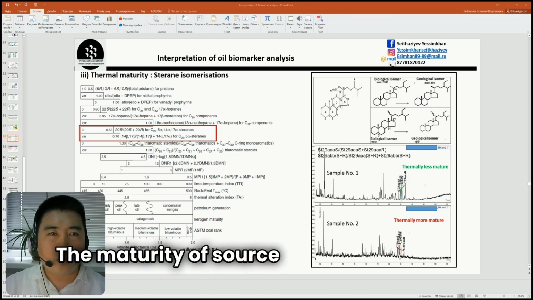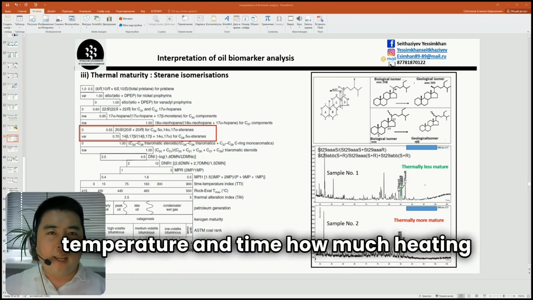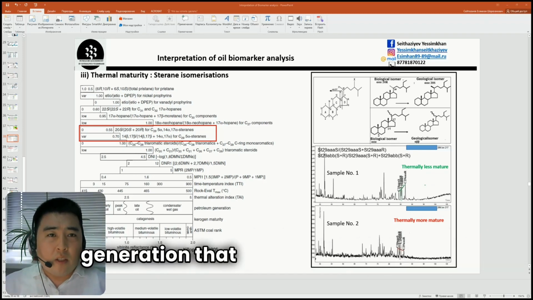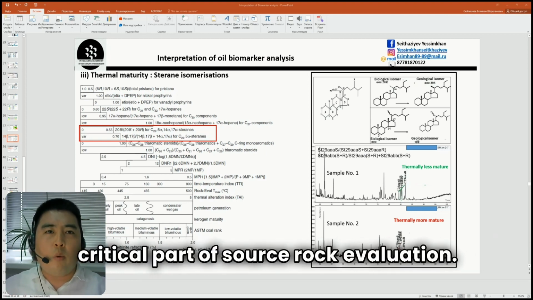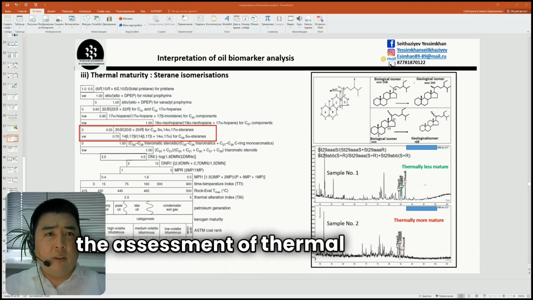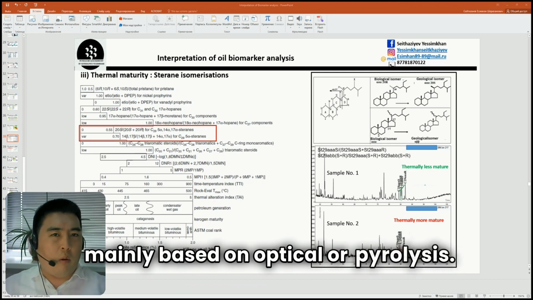The maturity of source rock is a function of temperature and time, how much heating it has experienced. This is related to the extent of hydrocarbon generation and is thus a critical part of source rock evaluation. Many different maturity parameters are used in the assessment of thermomaturity of source rocks, mainly based on optical or pyrolysis methods.